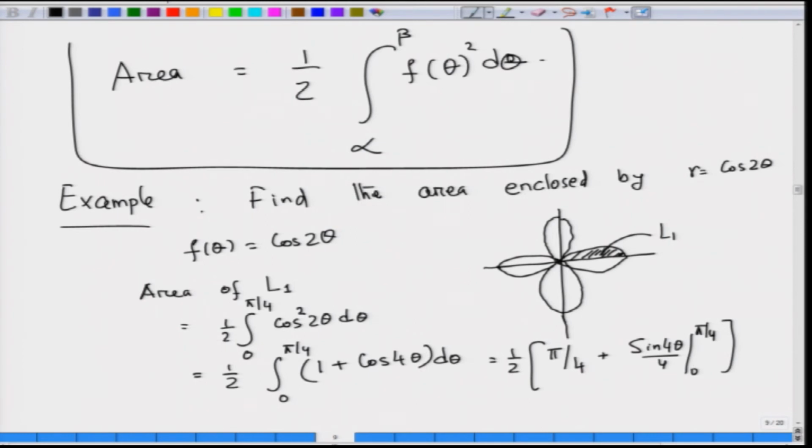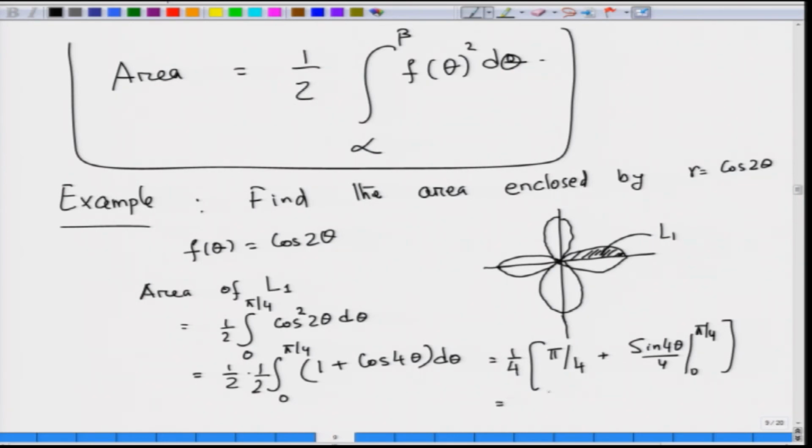I made a simple mistake here. 2 cos square 2 theta is equal to 1 plus cos 4 theta. So, now instead of 1 by 2, I have got 1 by 4 here.